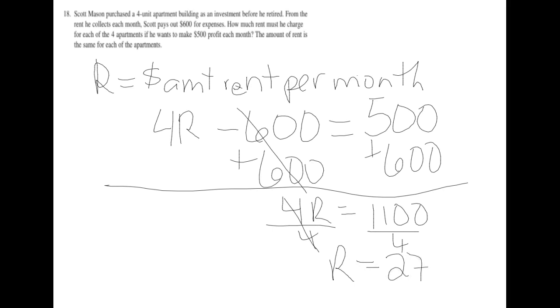Equals 275. So then the rent for each of the 4 apartments is going to be $275 a month. And that's how you solve 18.